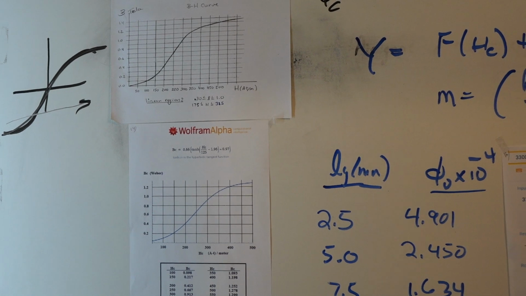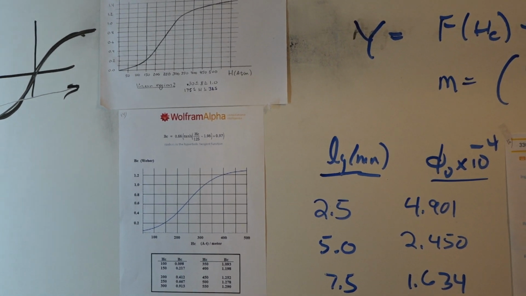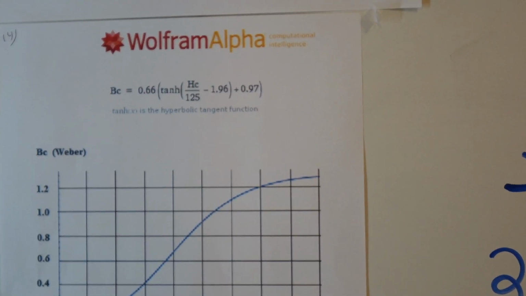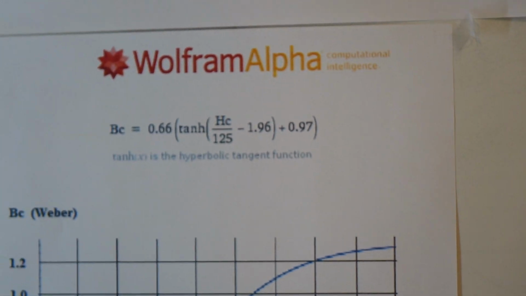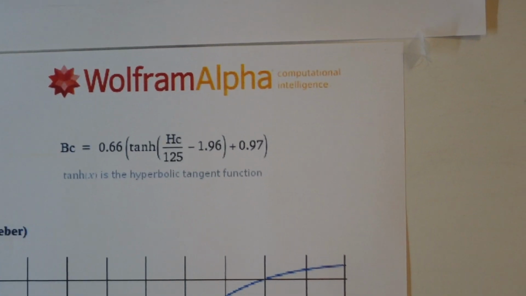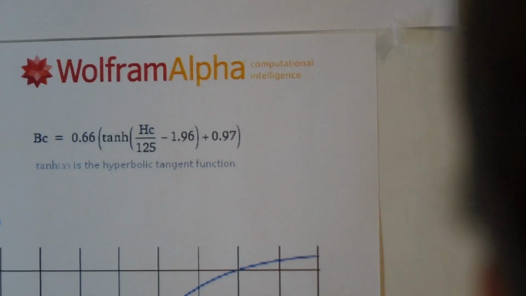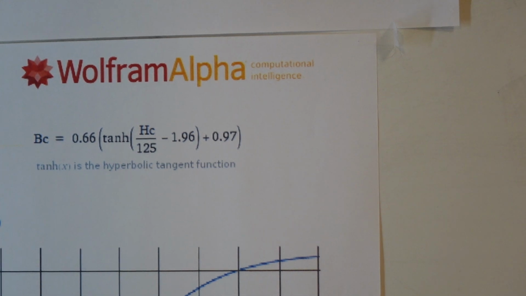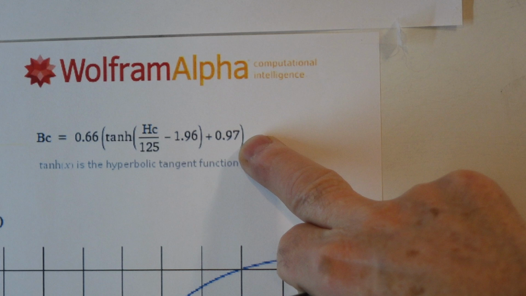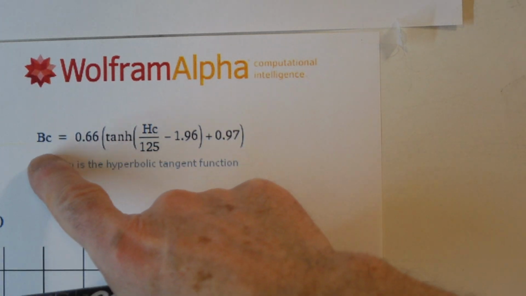So what we do then is, once we have the value for HC using the equation solver in Wolfram Alpha, then we take that value of HC and just plug it into this equation. It turns out that you can just do this in Google. You don't have to use Wolfram Alpha.